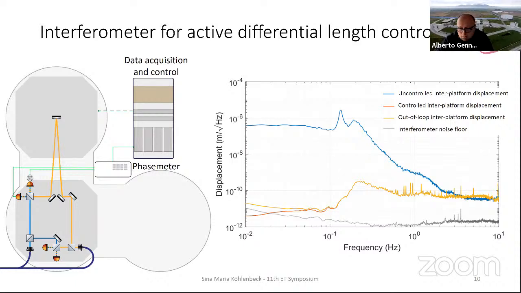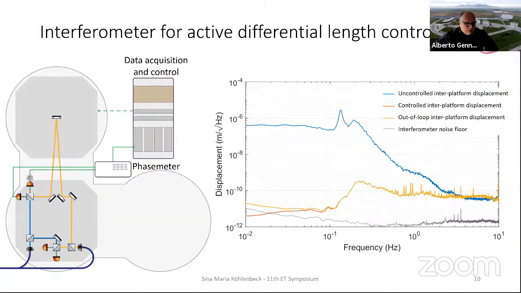But in the past, for example, we studied and implemented a system to automatically compensate tidal movement along the 3 kilometers, meaning the two super attenuators at 3 kilometers, one from the other, were following a sort of trajectory using relative position data when available, and using a tidal movement model when the interferometer was not locked.